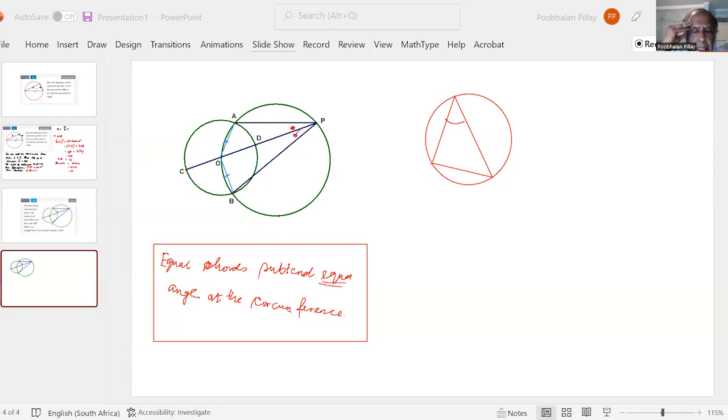So these angles will be equal. And that's exactly what we wanted to prove, that these two angles are equal, that this line here bisects this angle. So the proof is almost immediate if you know that equal chords subtend equal angles at the circumference.